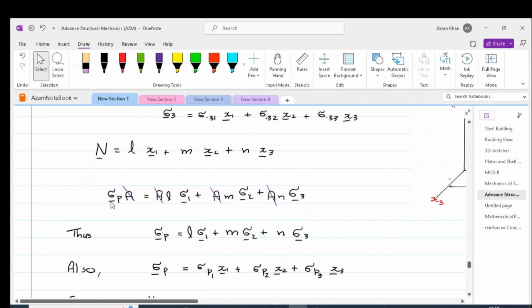Please note that sigma is written in vectorial form.